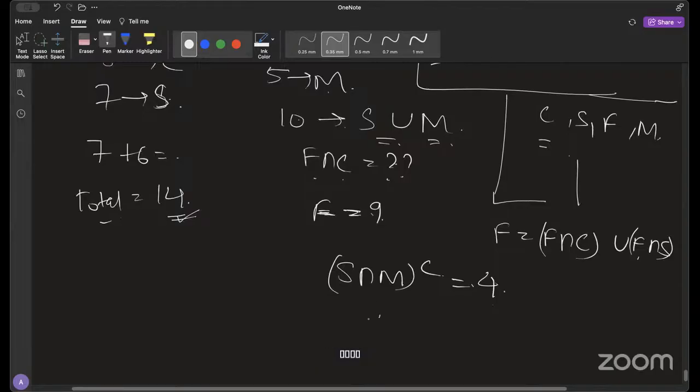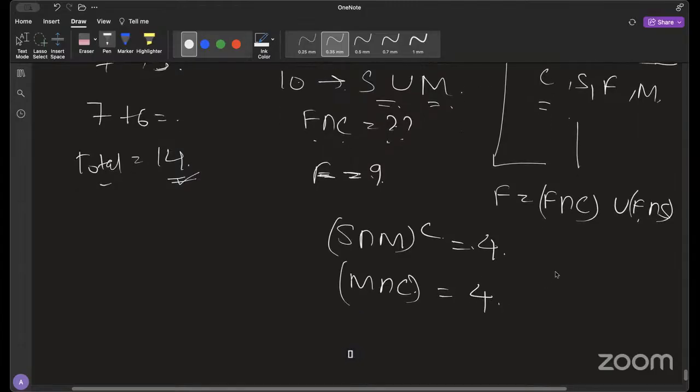And this should be the same as M intersection C, let's take males with curly hair, which is 4. Ma'am, this same type of question is in the graded assignment.